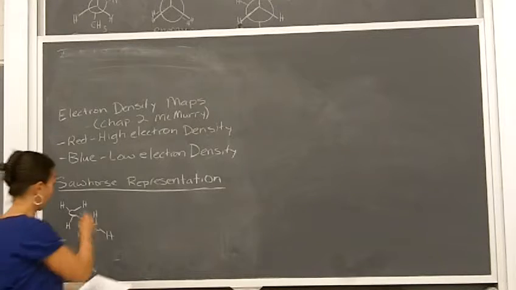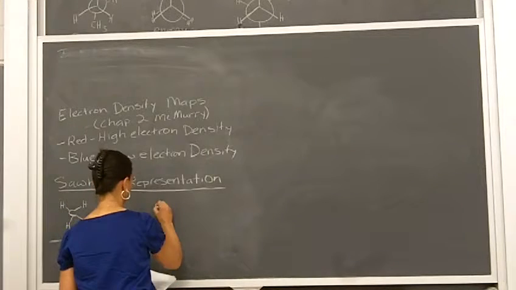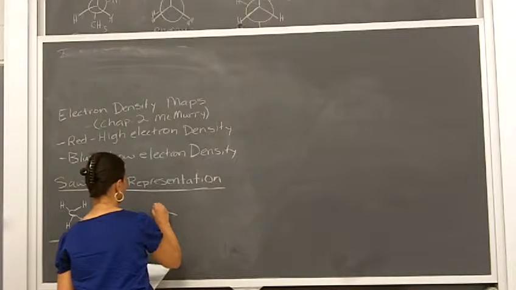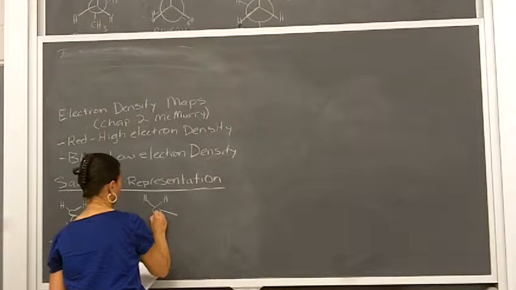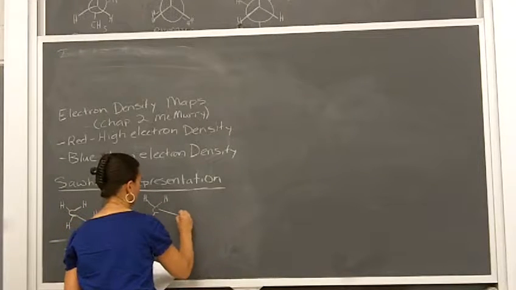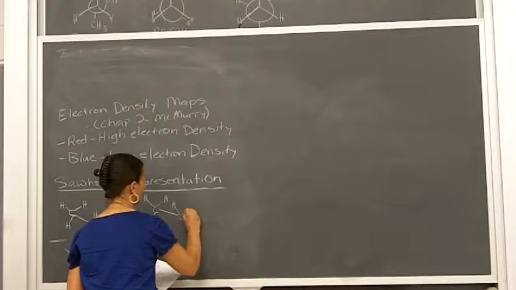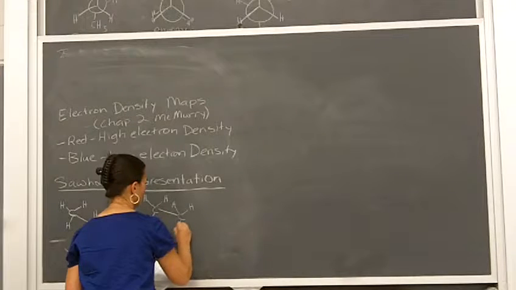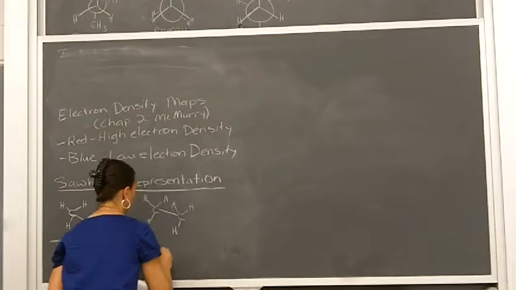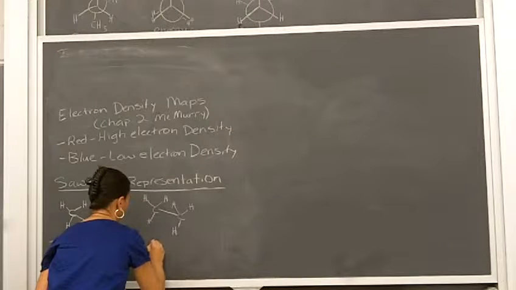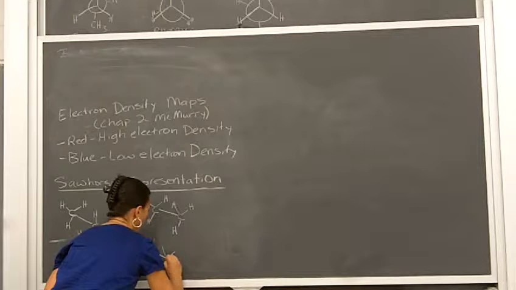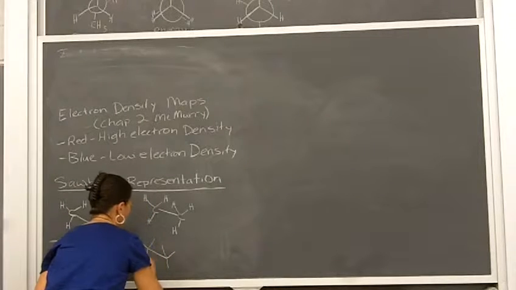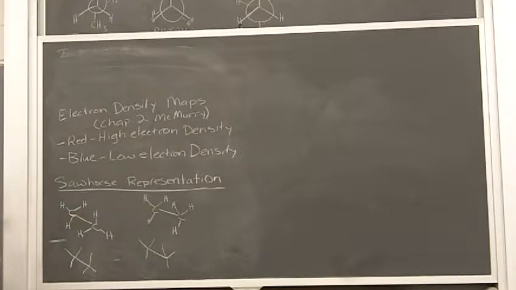So you can draw it, that is staggered, we could also draw it eclipsed. We can look at it both directions, okay?